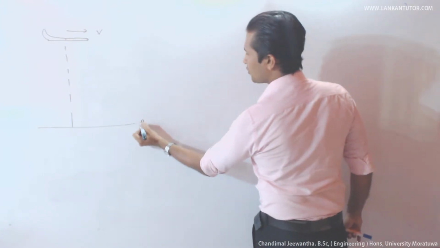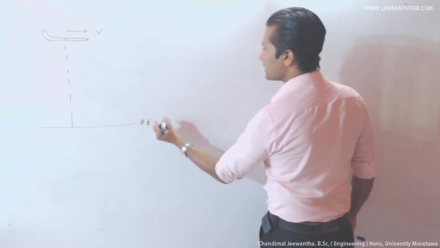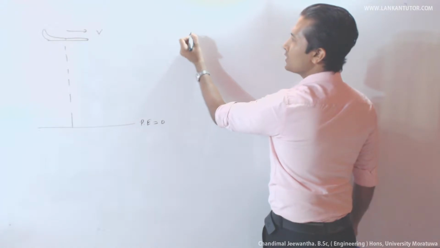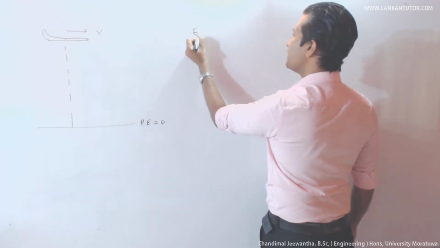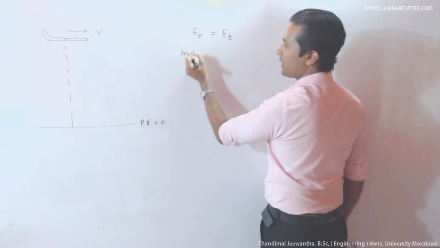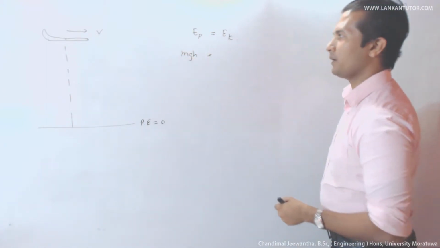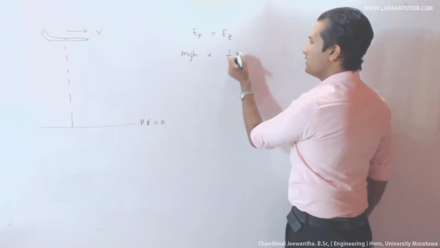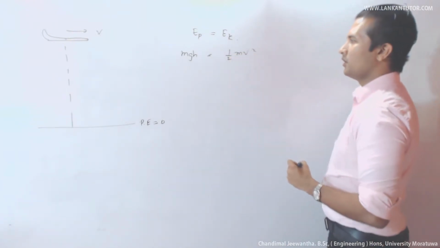So what happens, you can take the potential energy as zero level, so the potential energy EP should be equal to the kinetic energy. So potential energy, let's take the mass as m, and the kinetic energy half mv square.